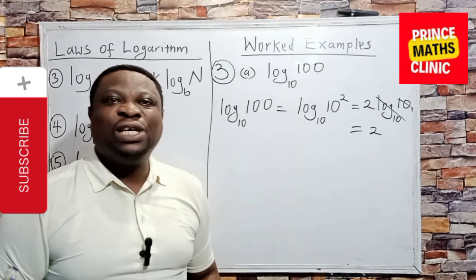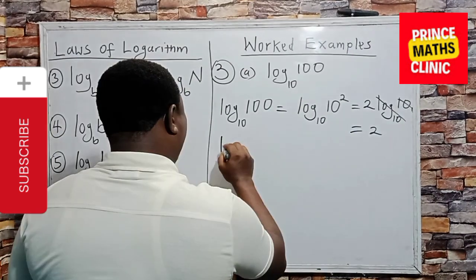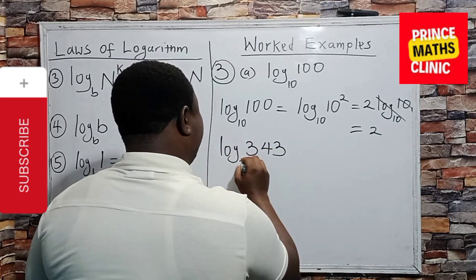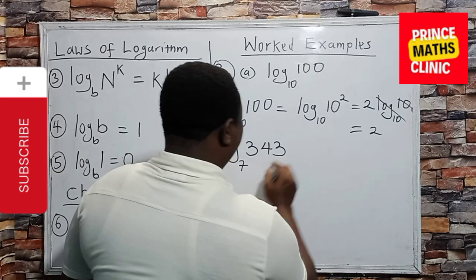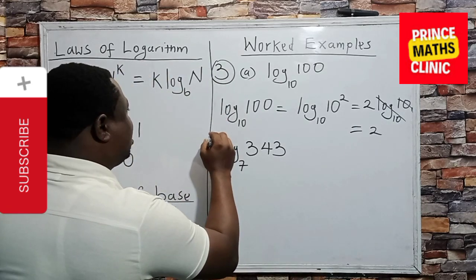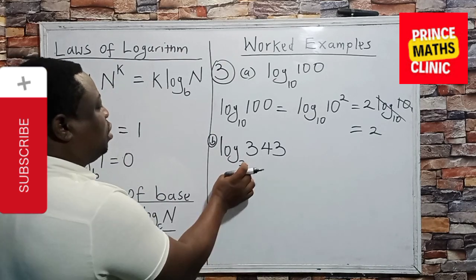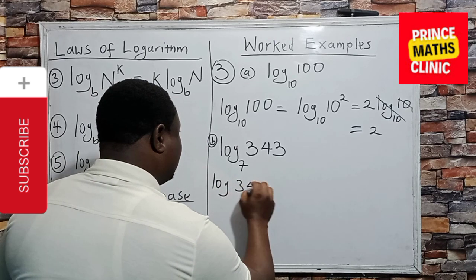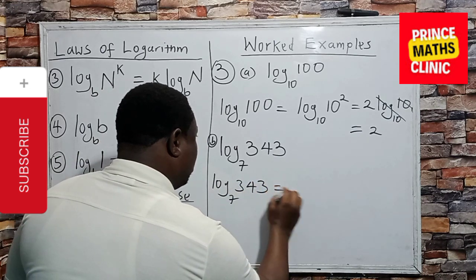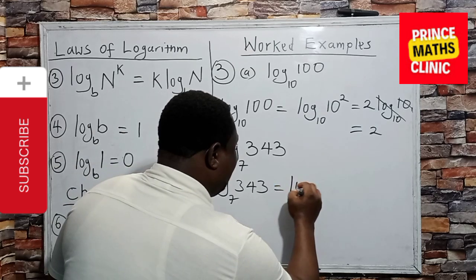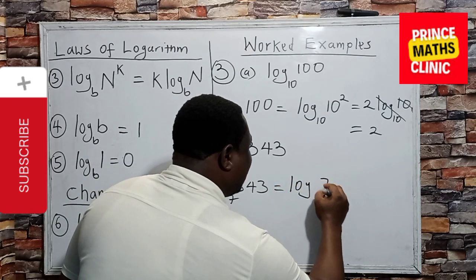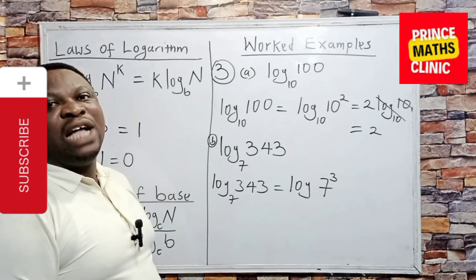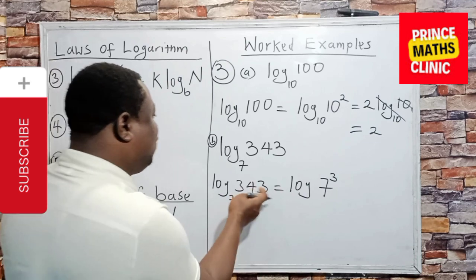Let's look at another question. If I have log 343 base 7, right? Take this as the second question. This can be further broken down like this. 343 is the same as 7 to the power of 3, because 7 times 7 is 49, and 49 times 7 is 343.